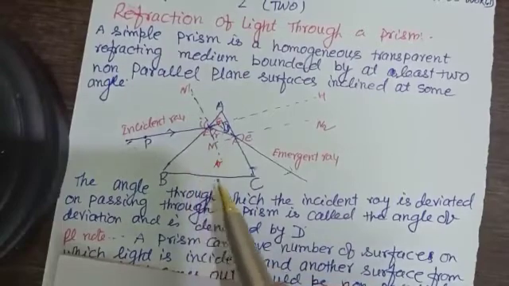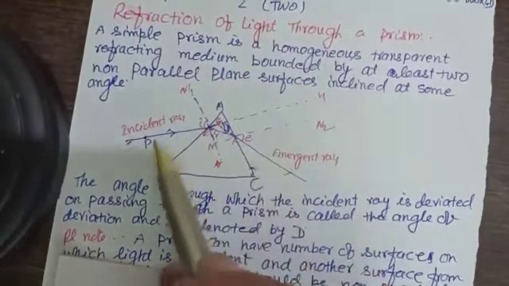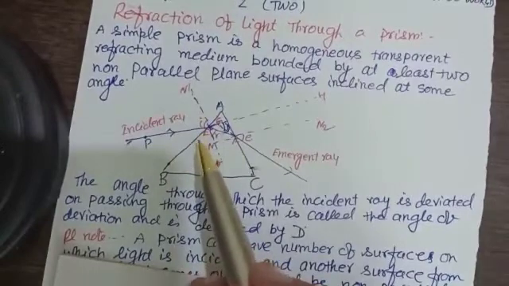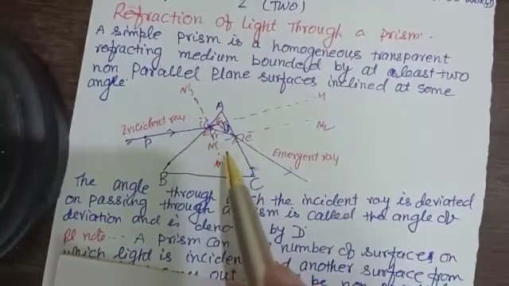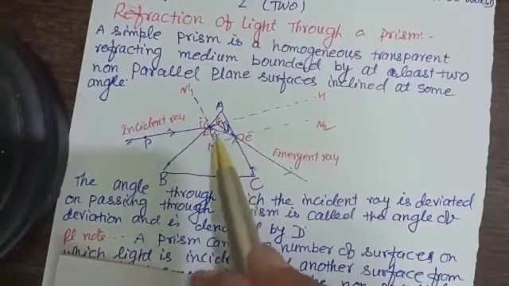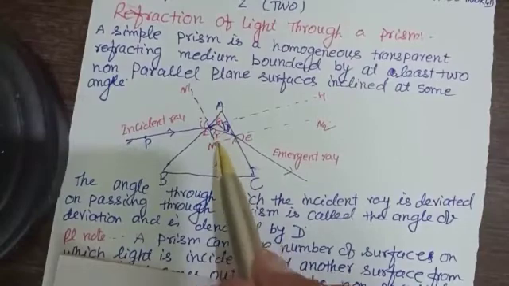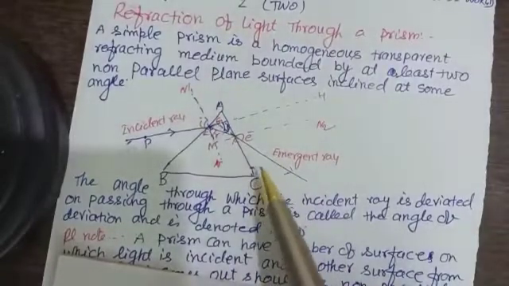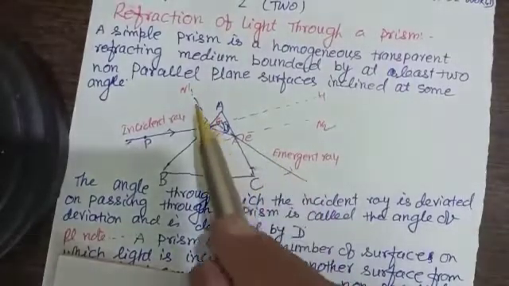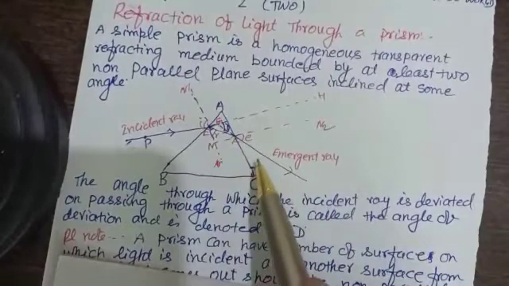This incident ray PE is refracted at E along EF, and going from rarer to denser medium, because the glass prism is treated as the denser medium, it bends towards the normal N1N.